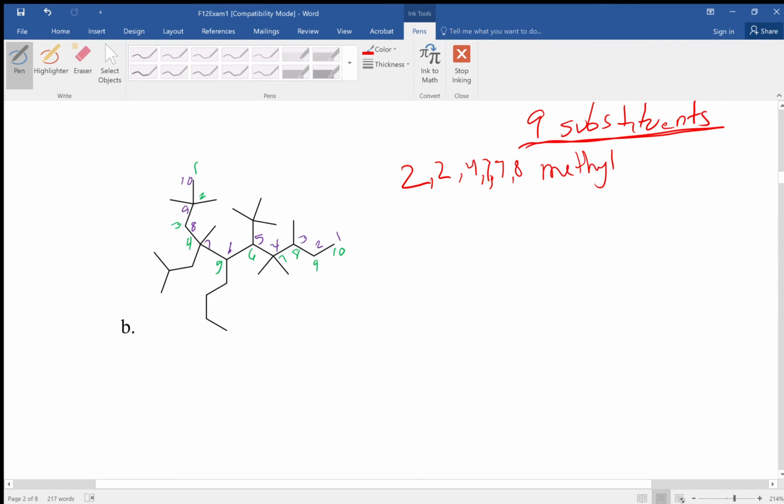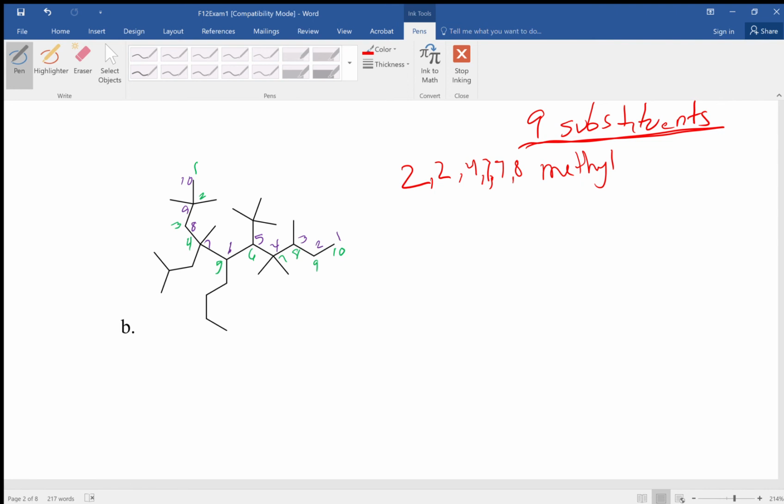Now I skipped over a step, so let me go back and pick that up. Why did we use the green numbers here instead of the purple numbers? Again, it's where the first substituent occurs. So going by our green numbers, our first substituent is on the second carbon. With the purple numbers, our first substituent is on the third carbon, and so as with the previous example, we use the green numbers.